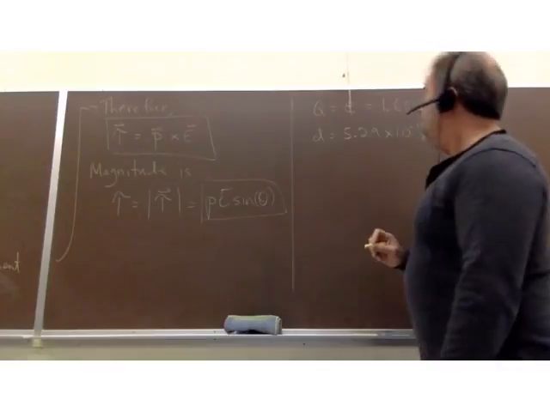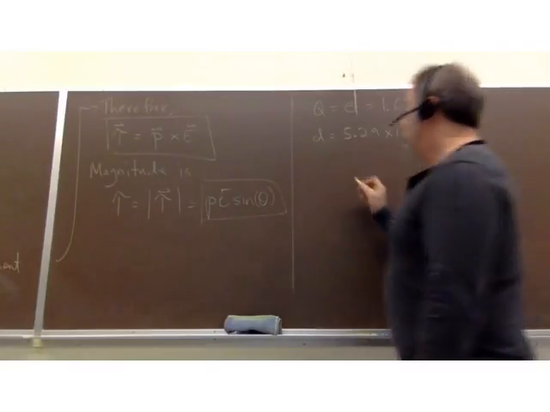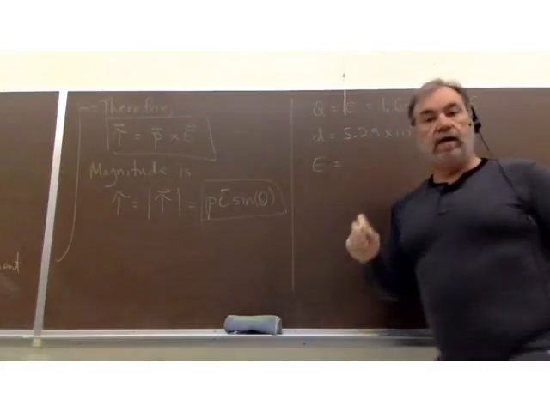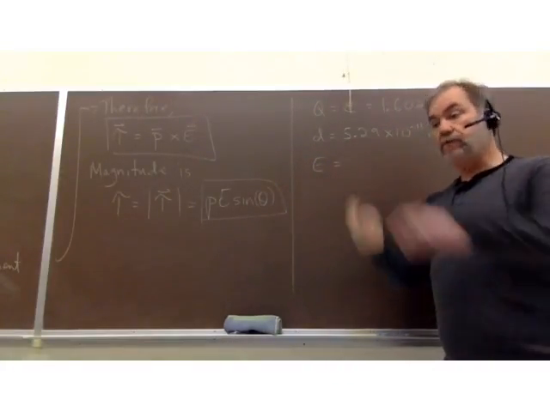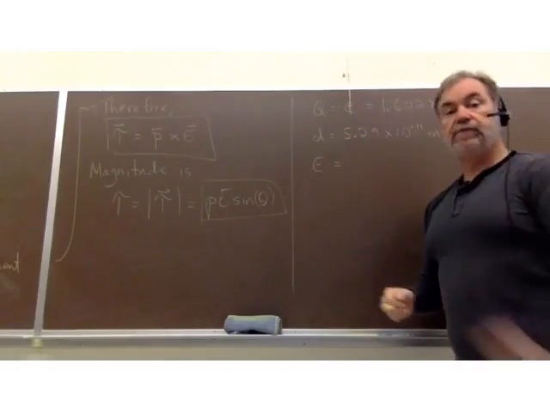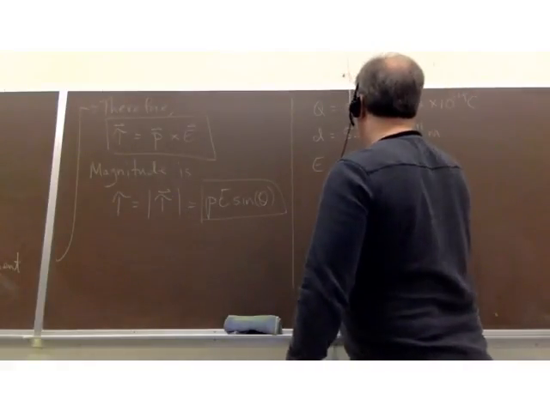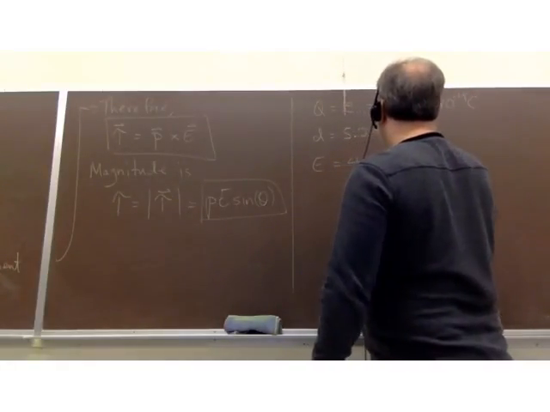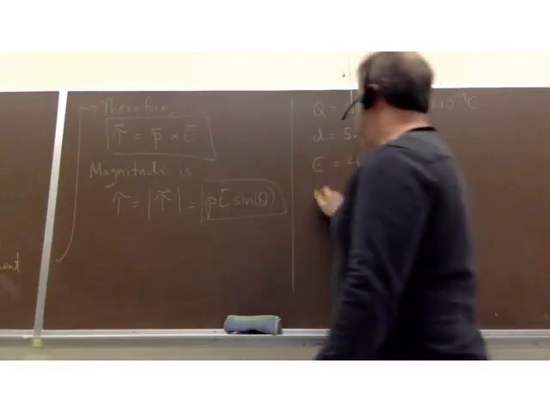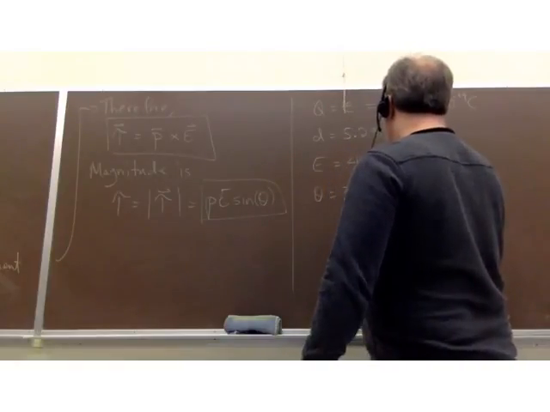Okay, and if I immerse that in an external electric field, so I have a hydrogen atom floating in space, and I suddenly flip on some external electric field, let's say 4 times 10 to the negative 6 newtons per coulomb, and choose a random angle, let's say 30 degrees, which is pi over 6.